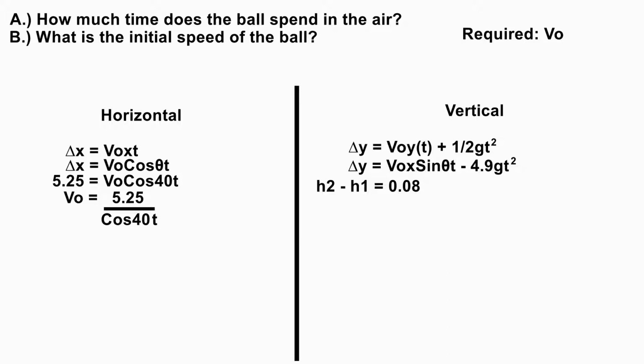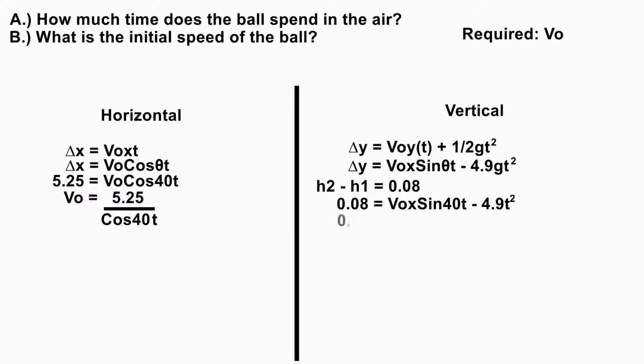We then substitute it to the delta y, and it turns out 0.08 is equal to initial velocity of x times sine 40 times time minus 4.9 times time squared. Next, we substitute this initial velocity.